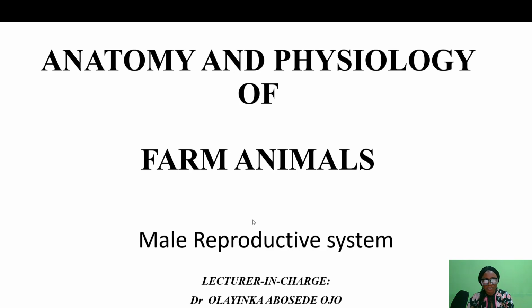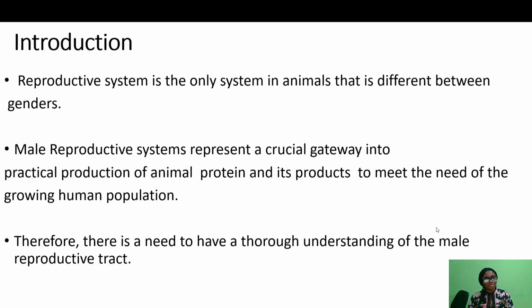As a way of introduction, the reproductive system is the only system in animals that is different between genders. We talk about different systems in the body, circulatory system, respiratory system, and many others, but only the reproductive system differs between male and female animals.